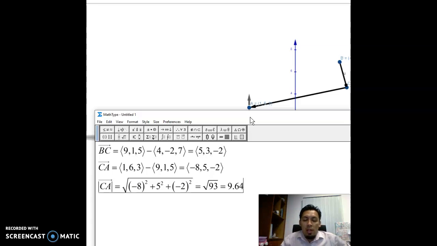So if, let's say, all of these values are in centimeters, then we know that the length is 9.64 centimeters, right? Usually in engineering we are just going to leave it like this so that we can bring the whole thing along, as I said before. If not, you need to put a lot of decimals. Okay, so that is how to find the modulus.